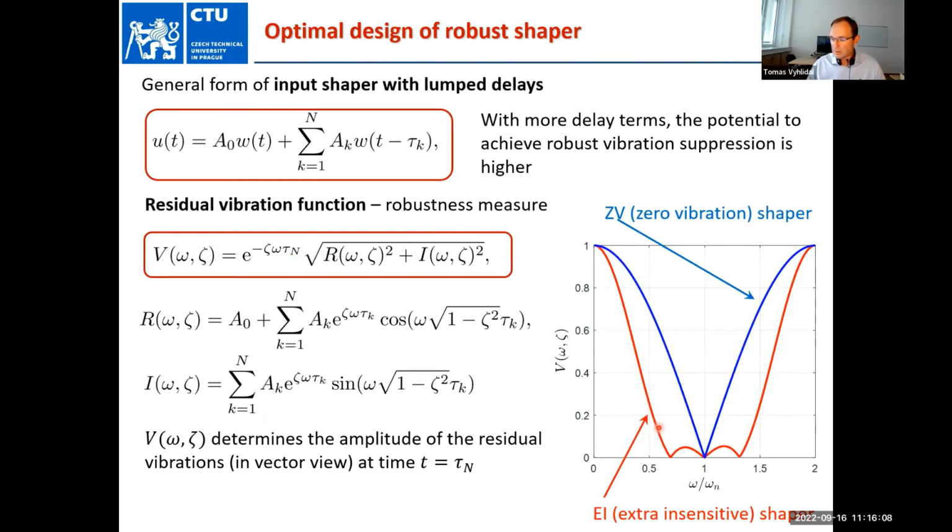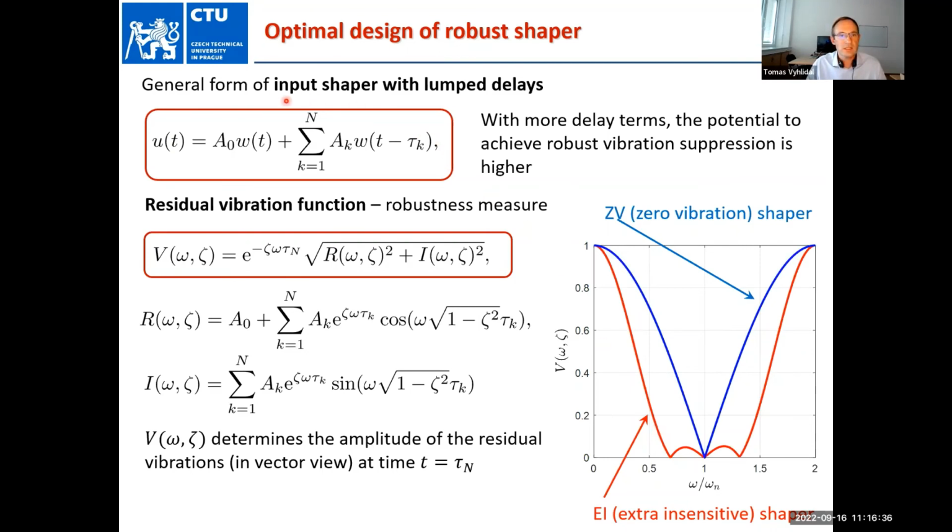Again, similarly to vibration suppression by delayed resonator, if you have this single root assignment on the imaginary axis, we have quite high fragility to the mismatch between nominal and true frequency of the flexible mode. So in the literature, you may find a lot of robust alternatives of the shaper.